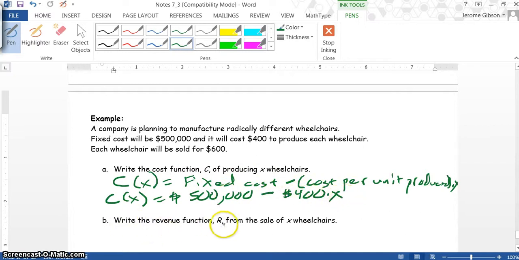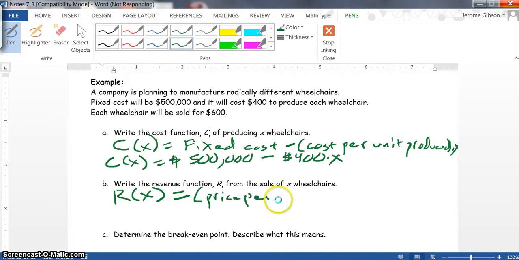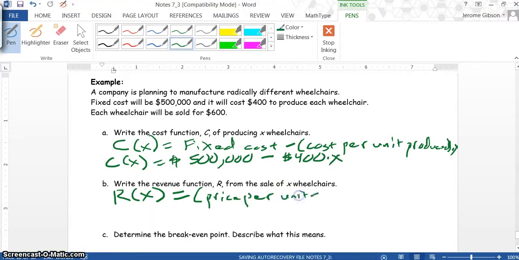It says write the revenue function R from the sale of x wheelchairs. So we will have R of x is equal to, now each wheelchair is sold for $600. So we will have price per unit sold times x. Now the price per unit sold we see is $600, and that'll be multiplied by x.